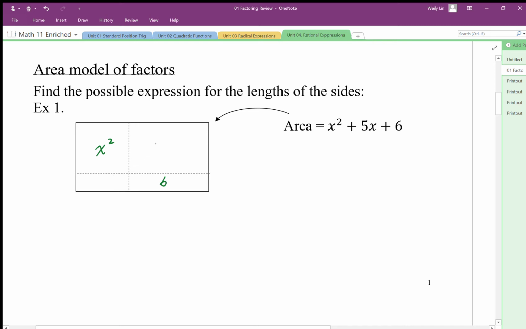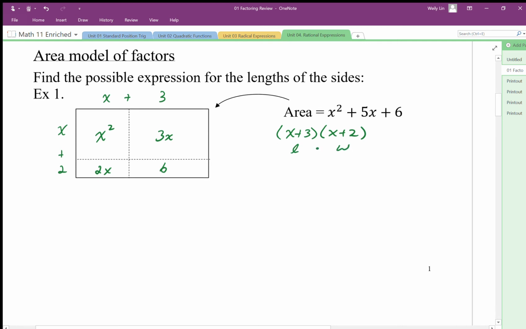Well, that's going to be 3x and 2x, okay, because we end up with x plus 3 along this factor or side length, and we end up with x plus 2 along this side length, or factor. So that allows us to factor into x plus 3, x plus 2. Okay, so that's our length and width. So that's our area. This is our length times width.